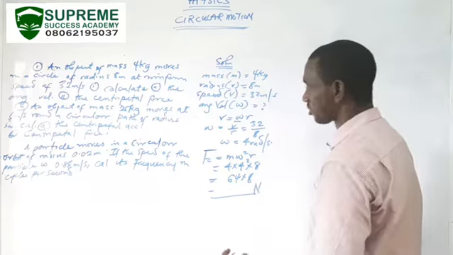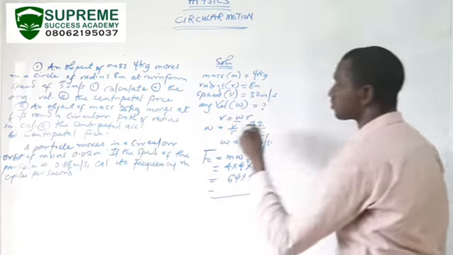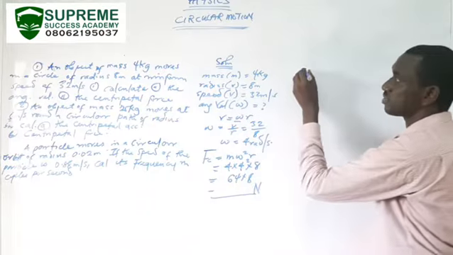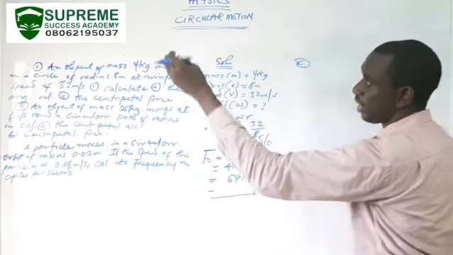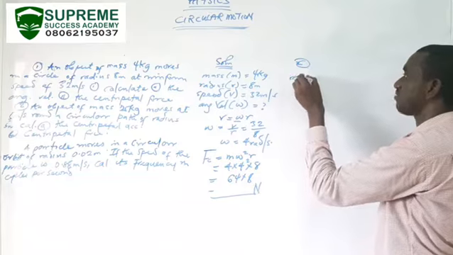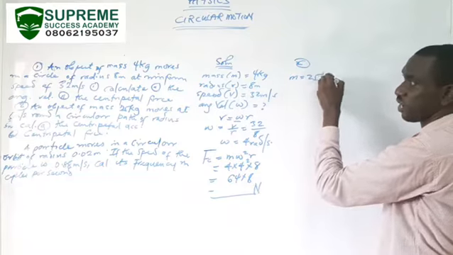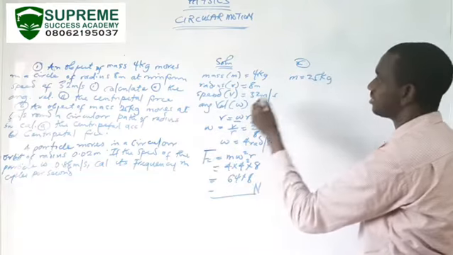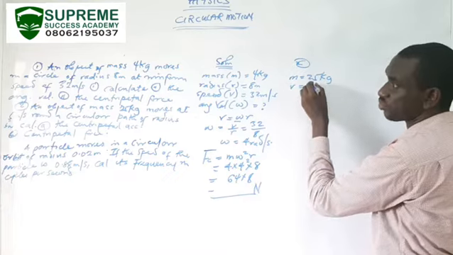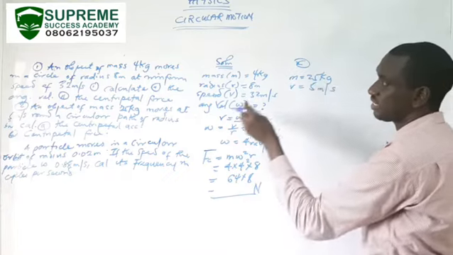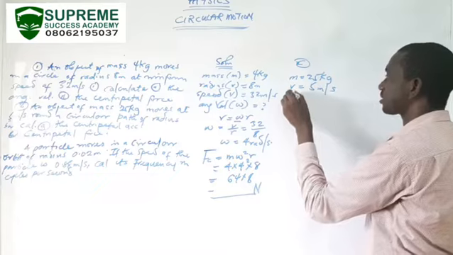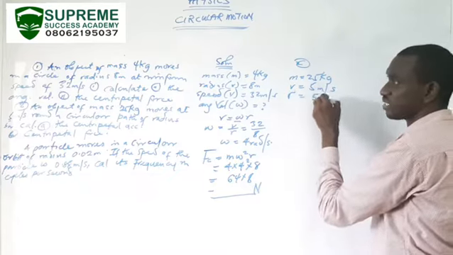Question 2. An object of mass, you are given the mass, 25 kilogram, moves at a speed, you are given the speed to be 5 meters per second, in a circular path of radius 5 meters.